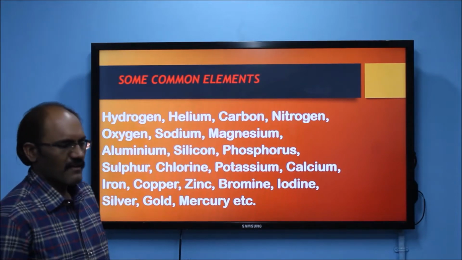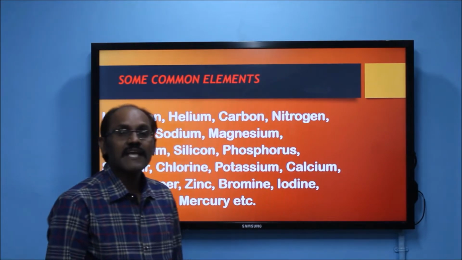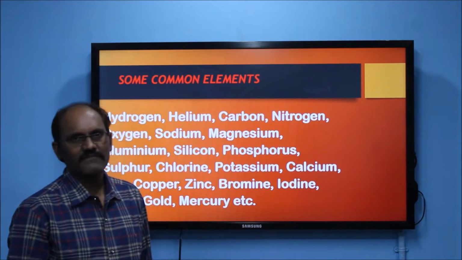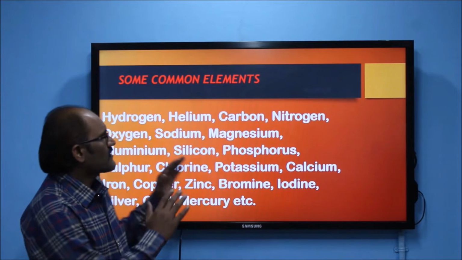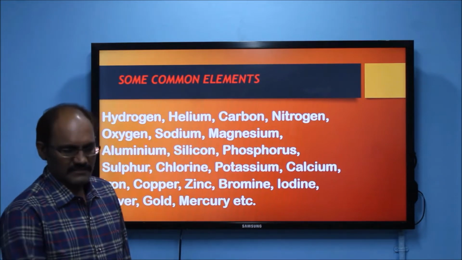As of today, almost 118 elements are discovered, and among them, these are some of the common elements.